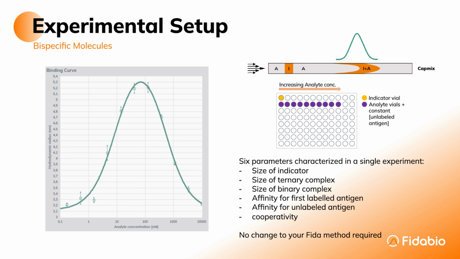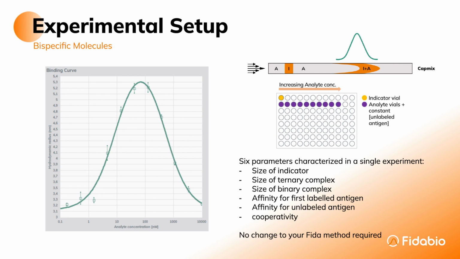In the cap mix experiment, you have one indicator vial and a titration of analyte vials, while in the premix experiment, you have equal amount of indicator vials and analyte vials. All relevant biophysical parameters for your systems can be characterized by this method. This includes the cooperativity. An example of this kind of experiment is shown on the left side.